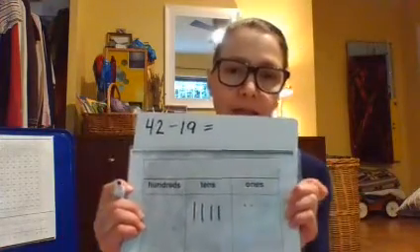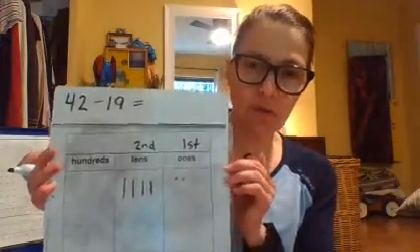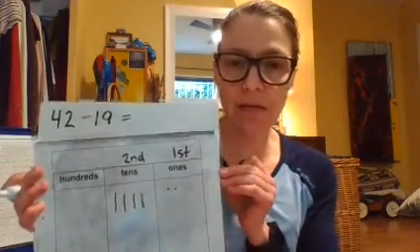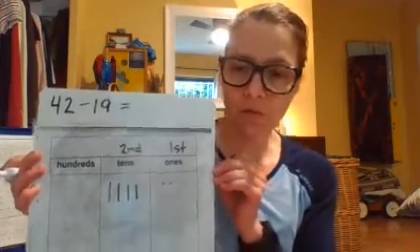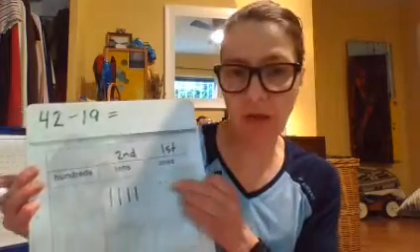Right away I see that I'm taking away 9 ones, and I know that I always take away the ones first and then the tens second when I do my computations, just like I always add the ones first and then add the tens second. I'm going to be taking away 9 ones, and I see that I only have 2.